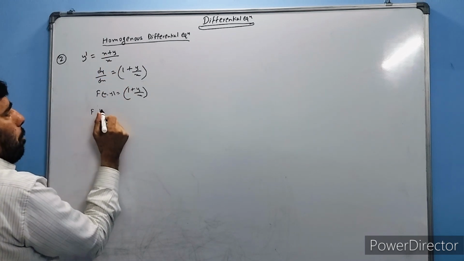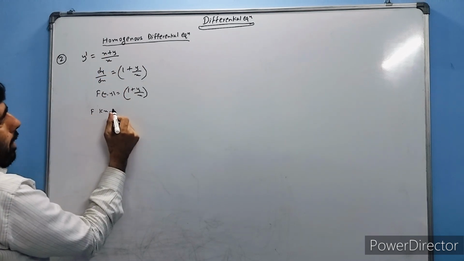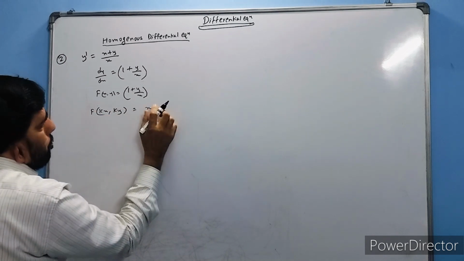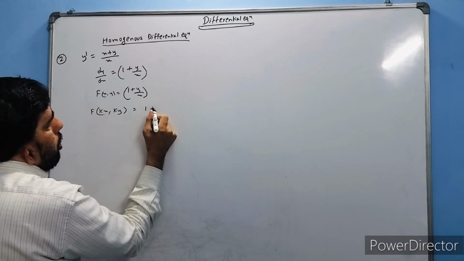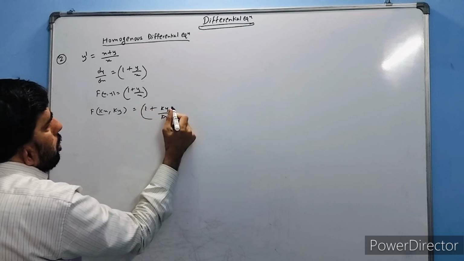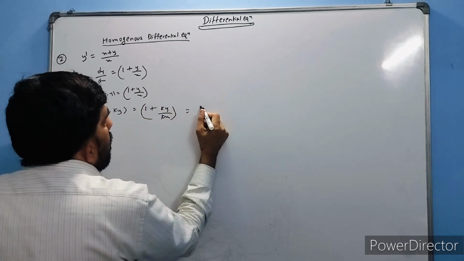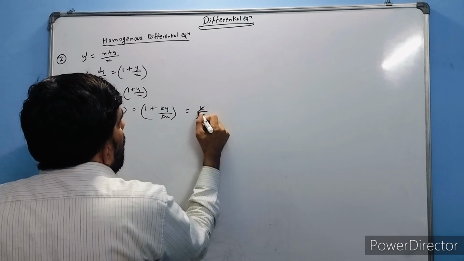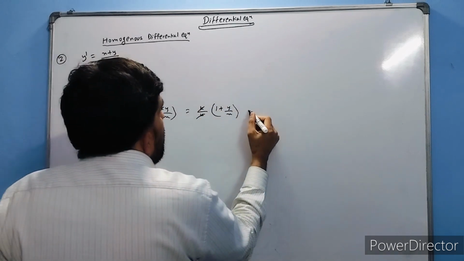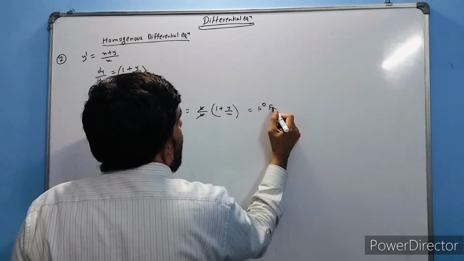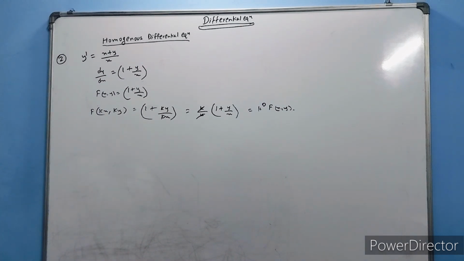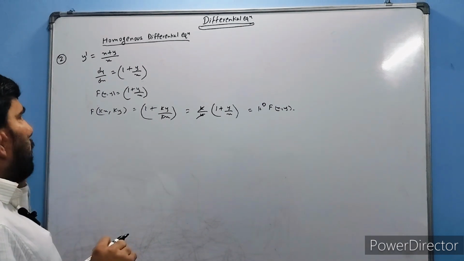Now I can replace x by kx and y by ky. So I'll write here 1 plus ky upon kx. So I can say that is k upon k into 1 plus y upon x, or we can say f of x,y has the same degree in the coefficients of dx and dy.